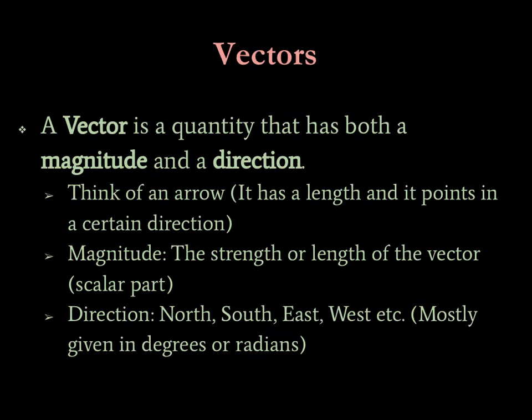So as we said, our vectors have both magnitude and direction. Think about an arrow, right? So we draw an arrow, but here's our line. It's not yet an arrow. We have to add an arrowhead. That gives it a direction that it's pointing.